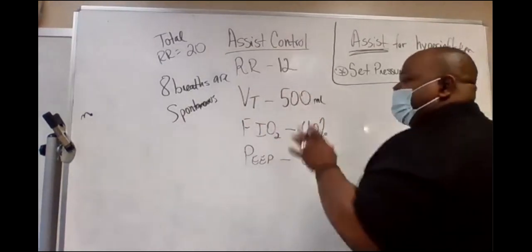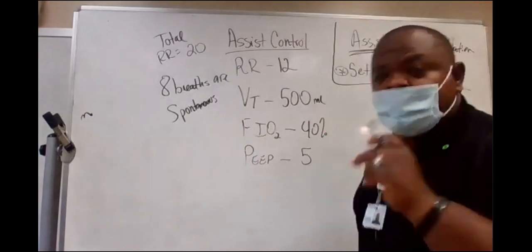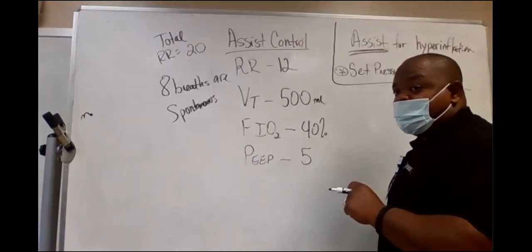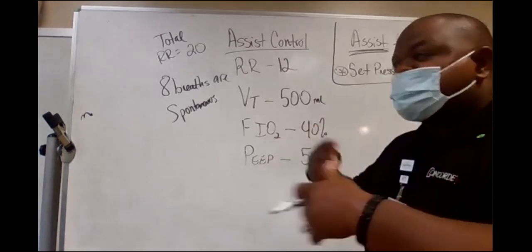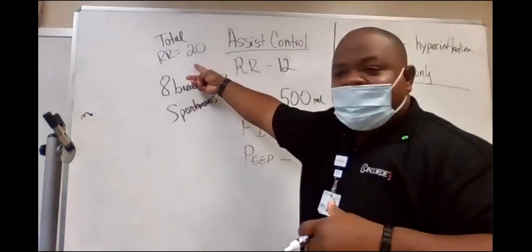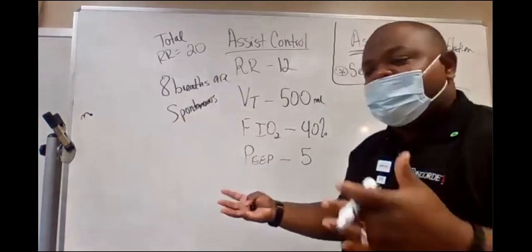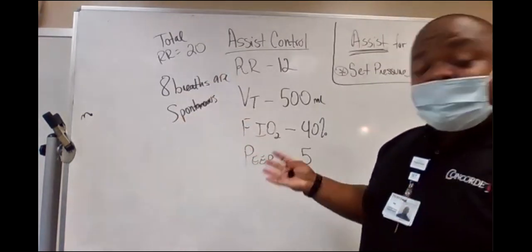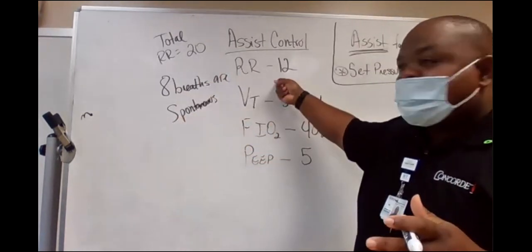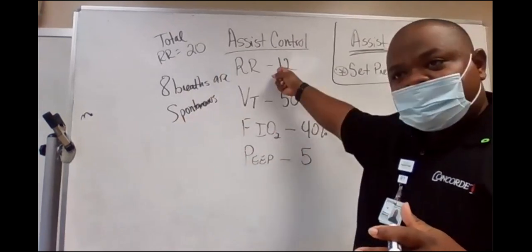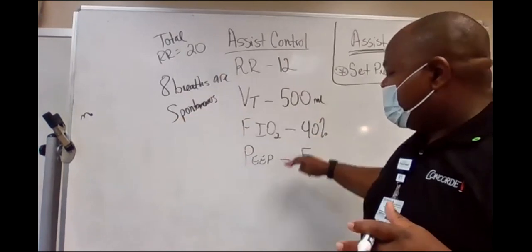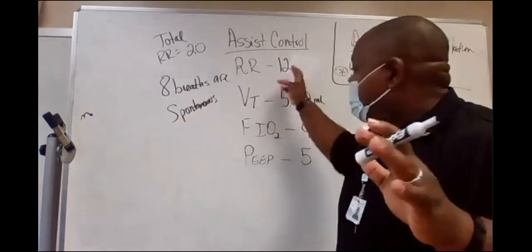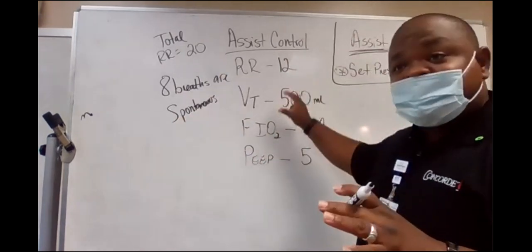In assist control, the patient can trigger his own breaths, all right, on top of what I have set. But say he starts triggering some more breaths, he got 20, he's doing 8 by himself, but then he digresses and stops breathing. He's still gonna get what I have set. This is guaranteed. 12 breaths and 500 at 40% and 12 times a minute is guaranteed because I have it set.